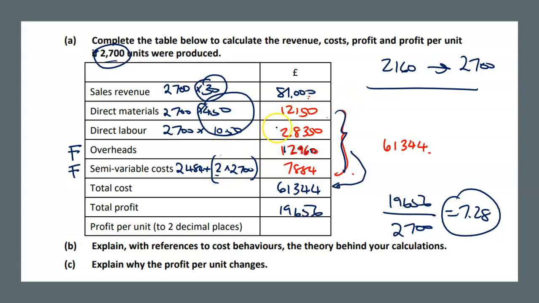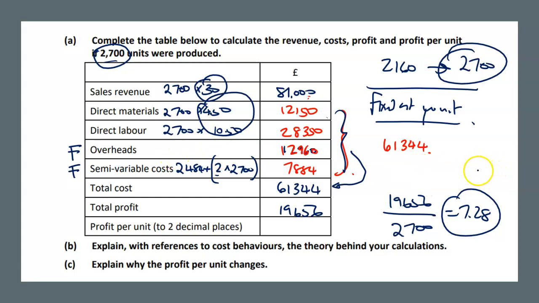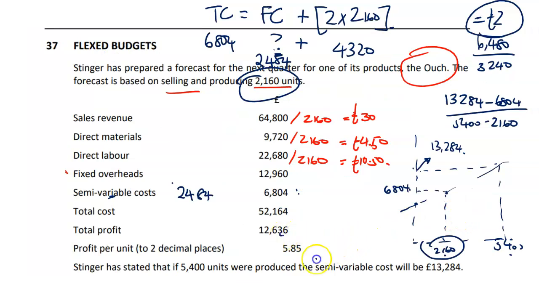There is no change with regards to variable costs, but there is change with regards to fixed because the fixed cost per unit is falling. As we make more units, that fixed cost gets spread over more units, and thus overall we have a higher profit, which is why you can see a profit here per unit of £7.28 versus a profit here of £5.85. So that's the reasoning why your profit is increasing per unit.